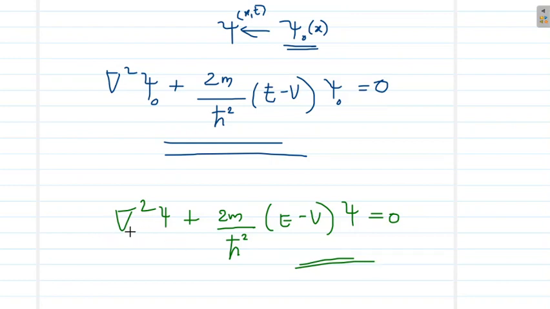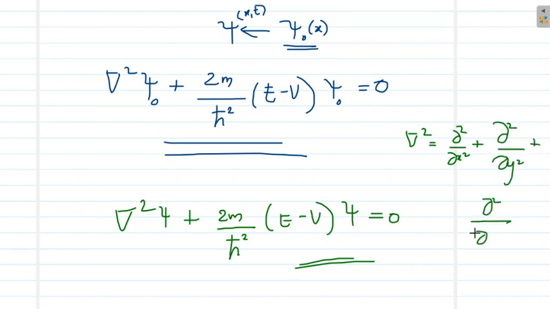Now what is del squared? Del squared is ∂²/∂x² plus ∂²/∂y² plus ∂²/∂z².